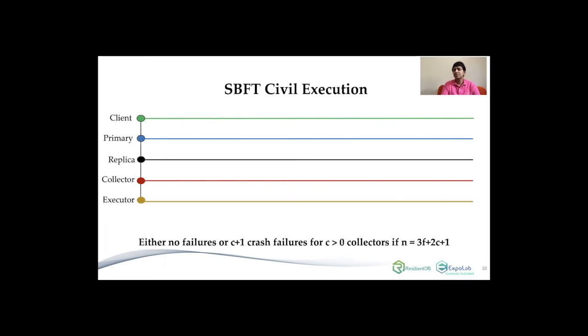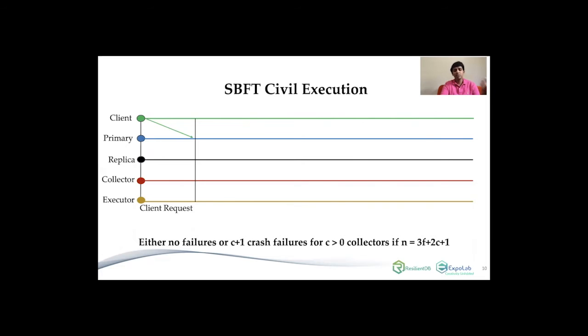Basically, if it has c collectors, then it can handle c plus 1 crash failures, only if the system has n equal to 3f plus 2c plus 1 replicas. In specific, if c is greater than 0, then it can handle failures. But if c is equal to 0, then the system has basically 3f plus 1 replicas, which is the same as saying it cannot handle any failures.